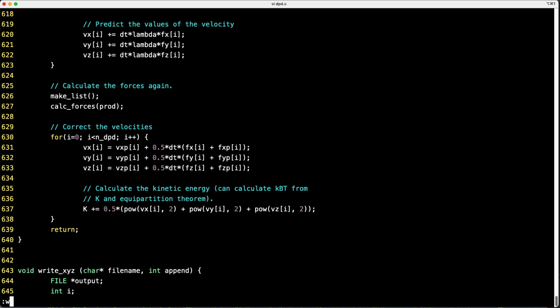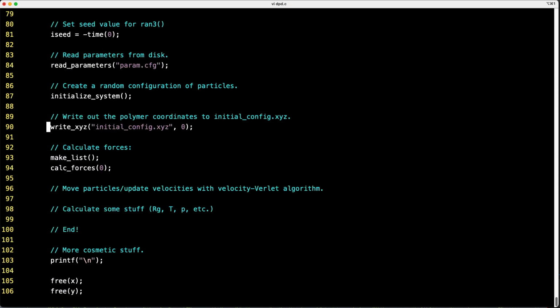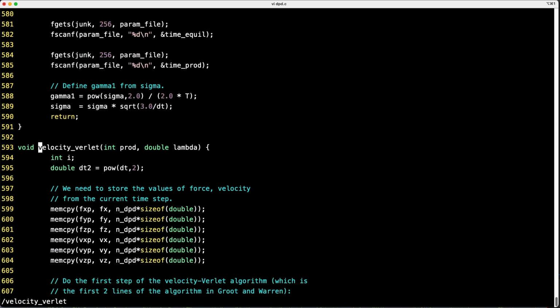So how do we implement this? Let's go back up here to the main function. Here we calculated the initial forces. As soon as we generate the initial configuration, we place the particles into the cells, we apply the periodic boundary condition, and we calculate the forces. So if you look down here at the velocity-Verlet algorithm, as soon as we do that, we're storing those values.